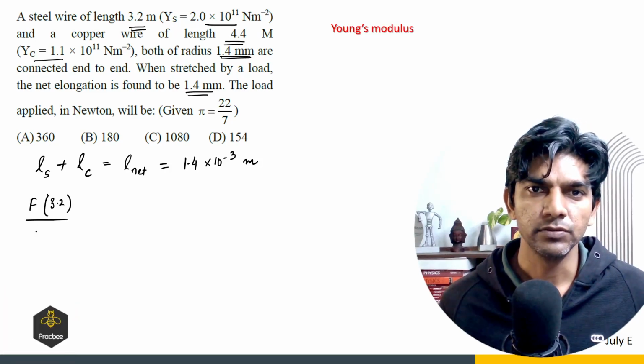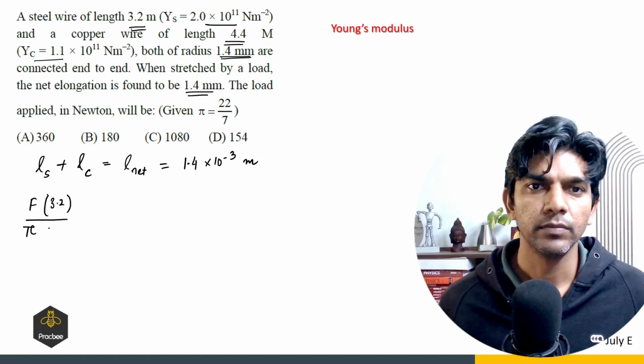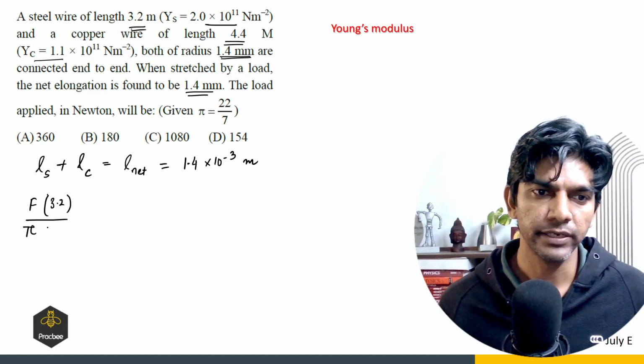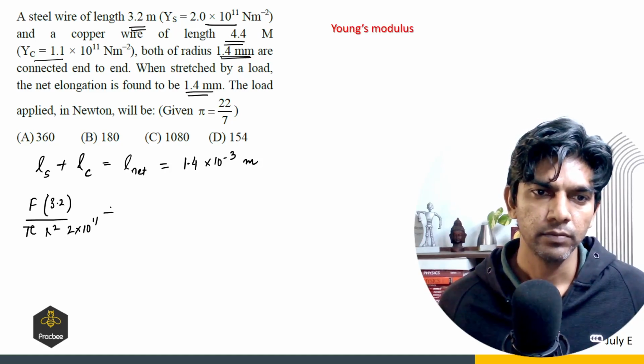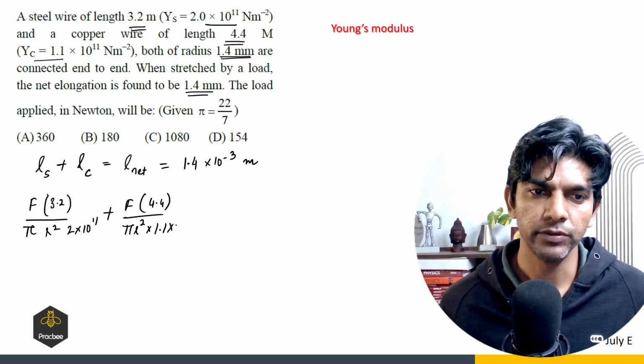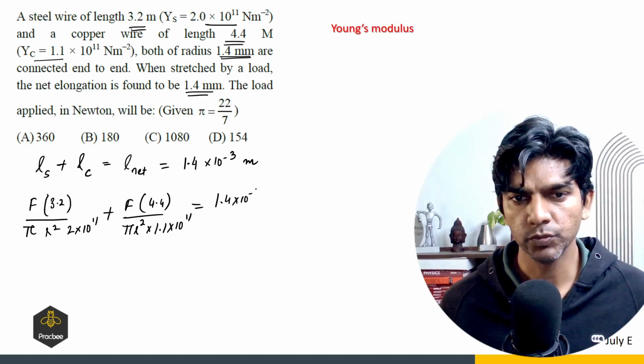The area of cross section is πr², and both have the same radius, right? So it will be πr², and Young's modulus is 2 × 10^11, plus F × 4.4 divided by πr² times Young's modulus, which is 1.1 × 10^11, and this is given as 1.4 × 10^-3.